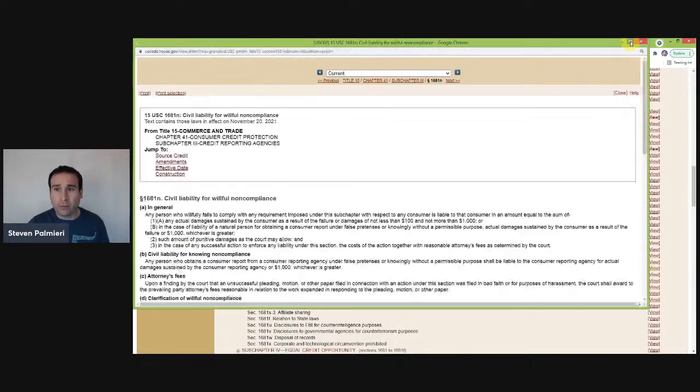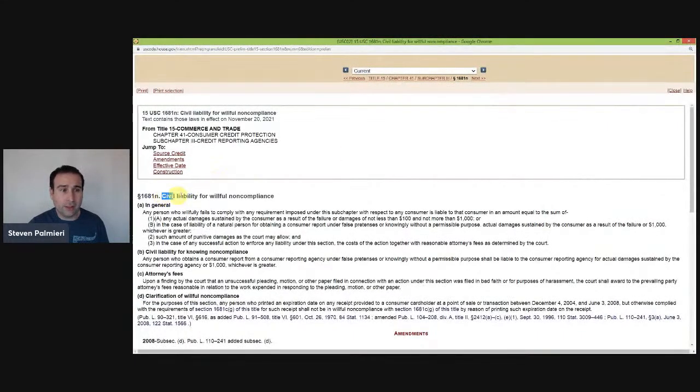And we don't really need to read through all these, you guys can, but essentially the language of the FCRA right here gives authority to the consumers to pursue as a cause of action, to go to an attorney and pursue the consumer reporting agencies and the furnishers under certain circumstances, if they were willful or if they were negligent in performing their duties.